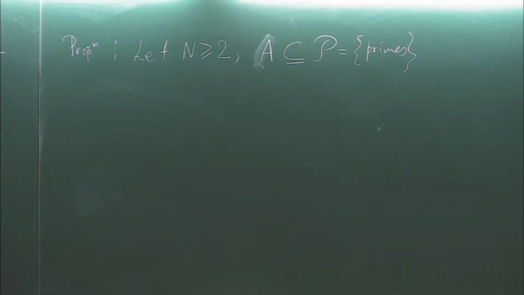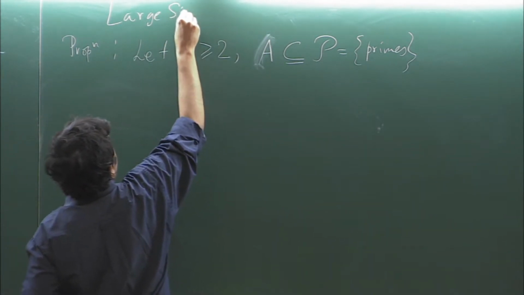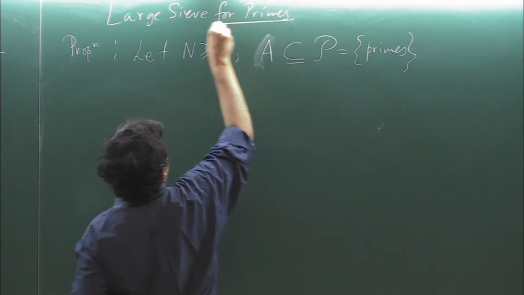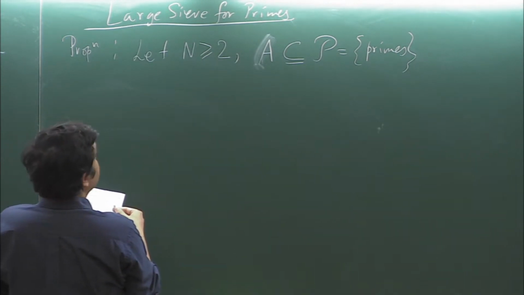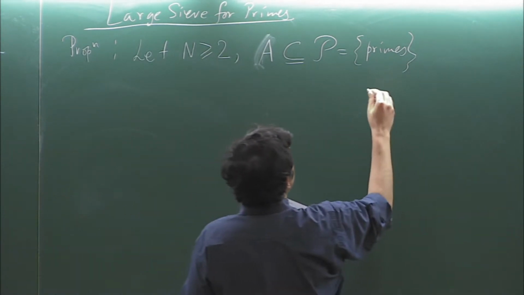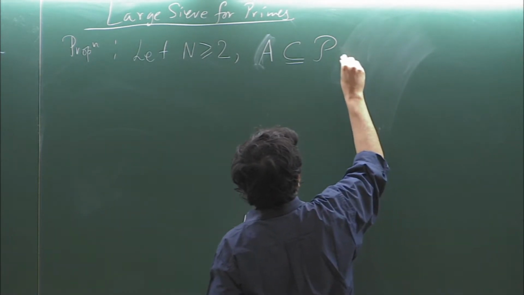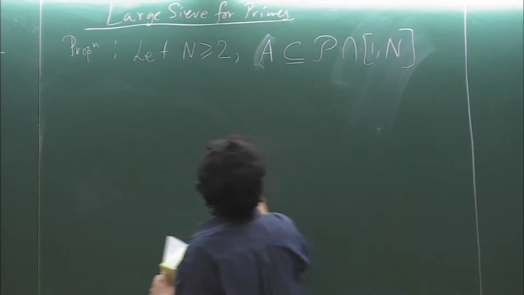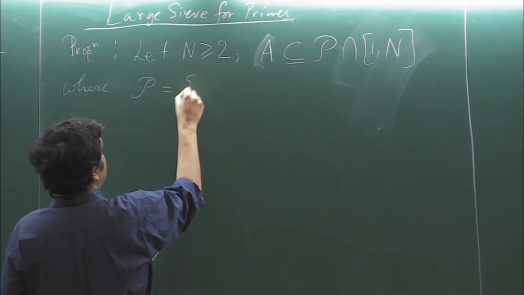So this is the large sieve for primes, this proposition. Sorry, this is P intersection 1 to N, where P is the set of primes.